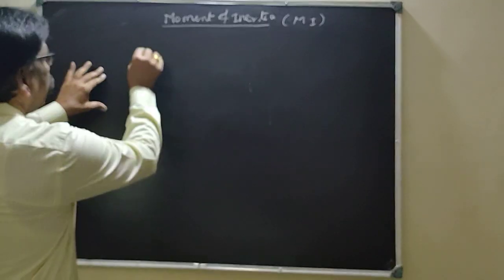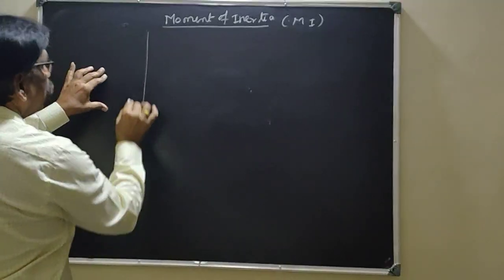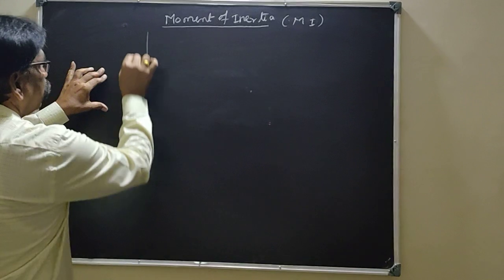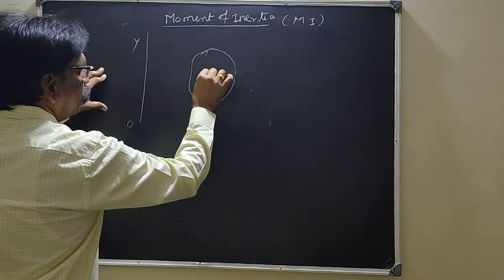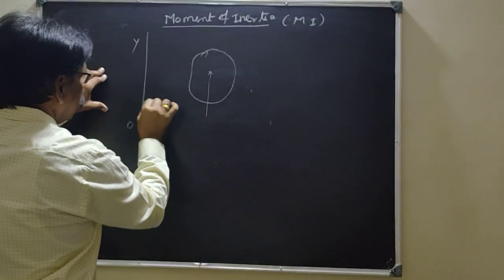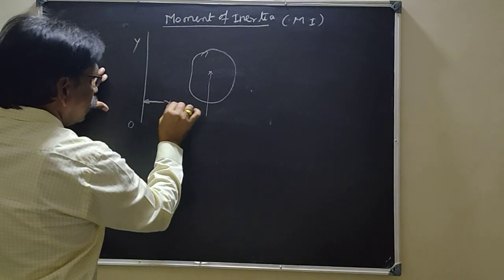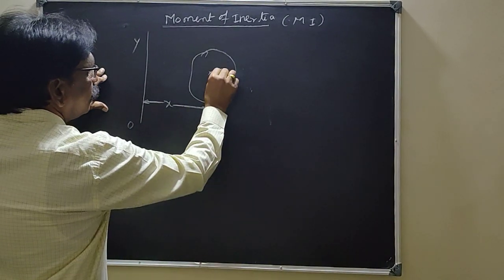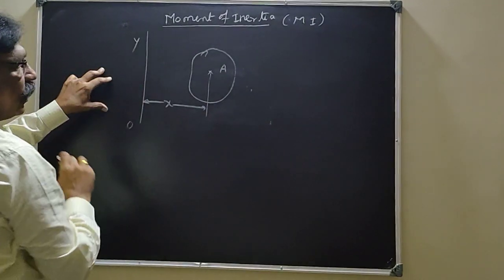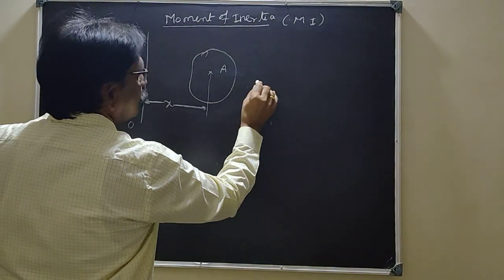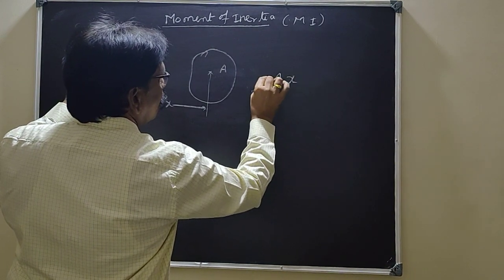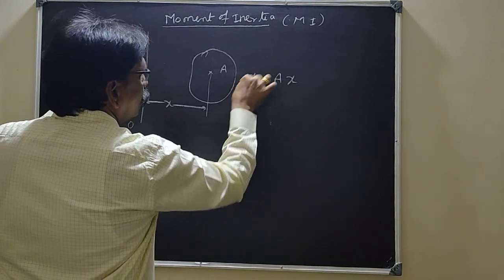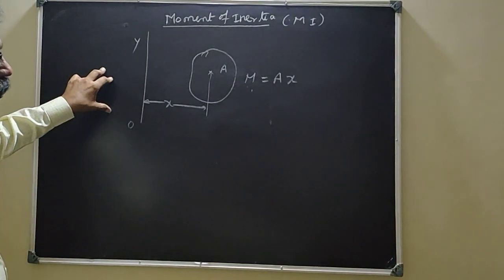For example, if you take this as the reference axis OY and this is the area, and this is the centroidal distance x, then the moment of this area about this axis is given as AX. The moment is equal to AX.